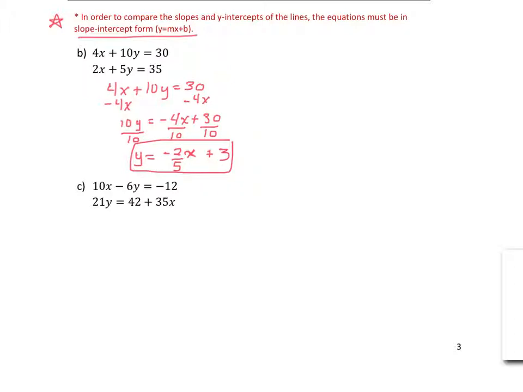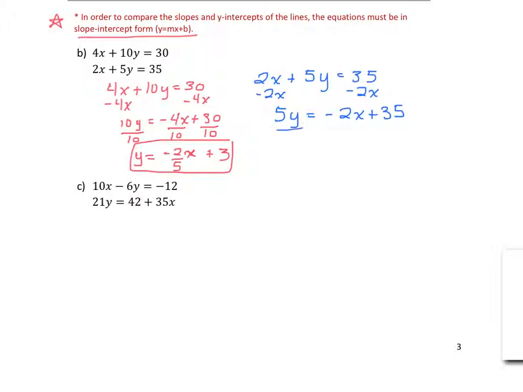So let's rearrange the other equation to see if we can get the same thing or maybe different y-intercepts. And we'll check it out here. So we need to do the same steps. We're going to subtract the x term from both sides, so that we're left with 5y equals negative 2x plus 35.